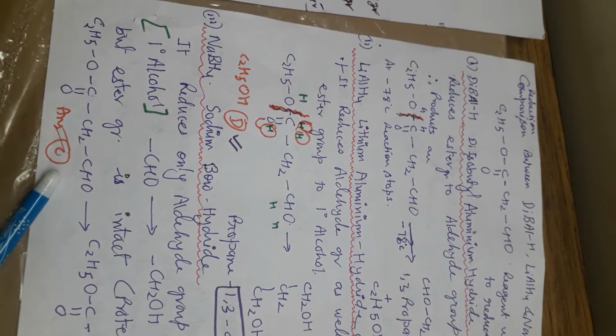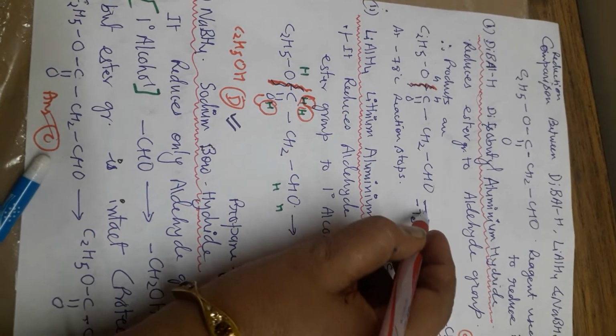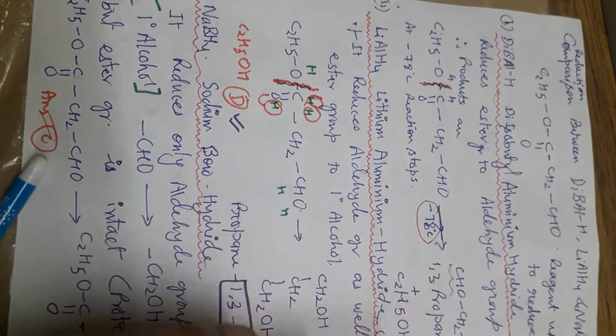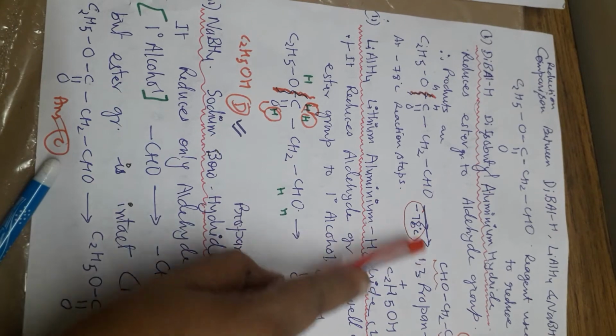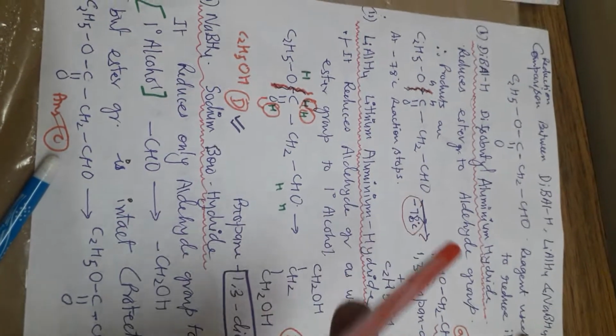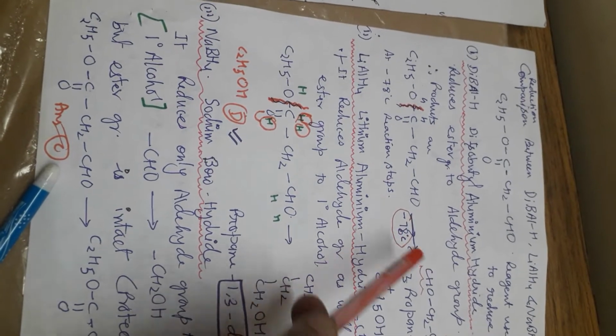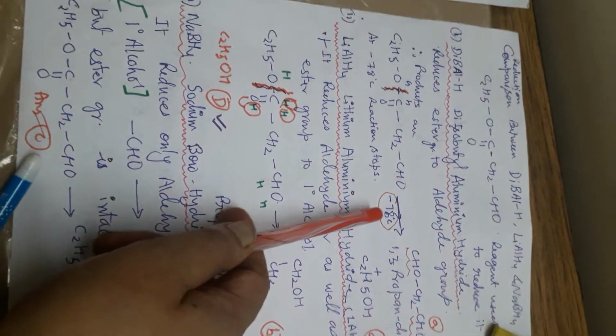The ester group is only reduced to aldehyde, and CHO will remain as such. CHO will not be reduced at this temperature. Keep in mind that at this temperature there will be no reduction of CHO. If we are not using this temperature, at high temperature it can be reduced, but not at minus 78 degrees C. Clear to you?